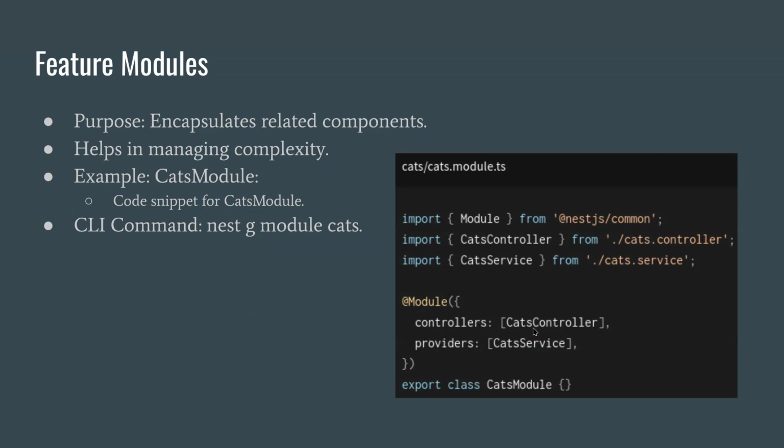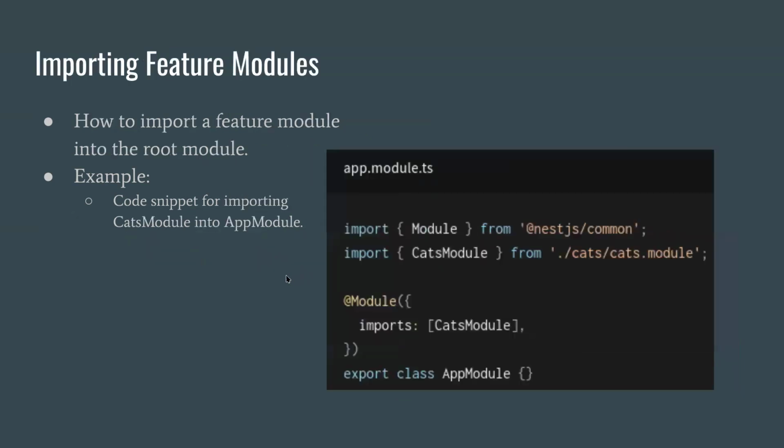We're providing CatsController and CatsService to the controllers array and providers array. You can generate this module using the CLI with the command nest g module cats. Feature modules help in isolating and managing different parts of your application effectively.